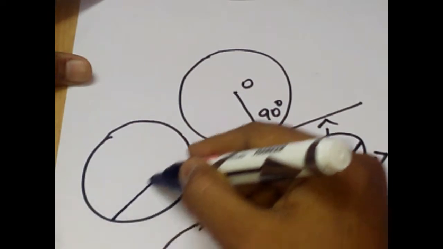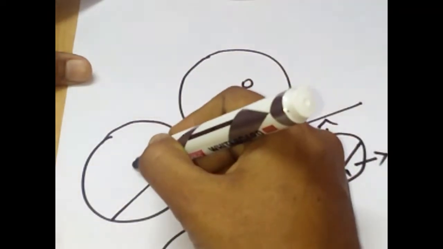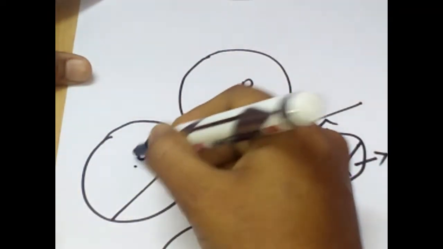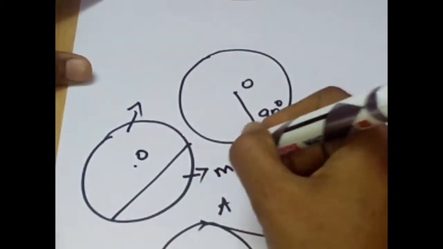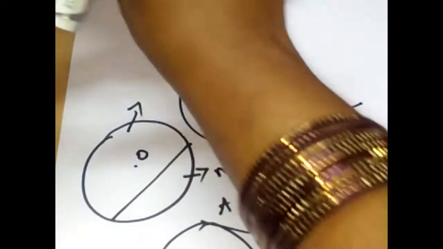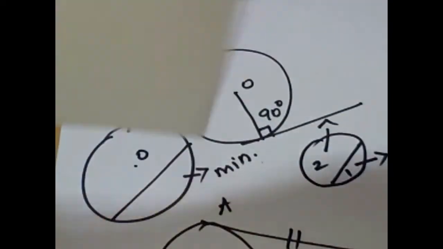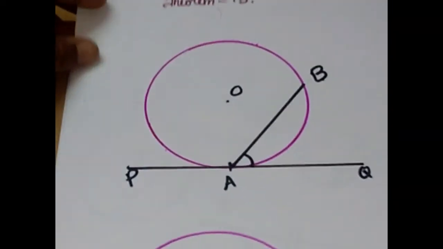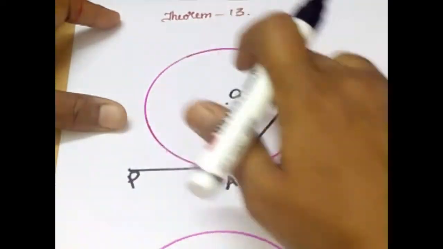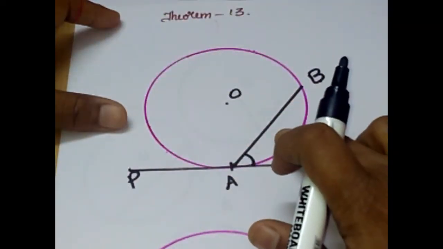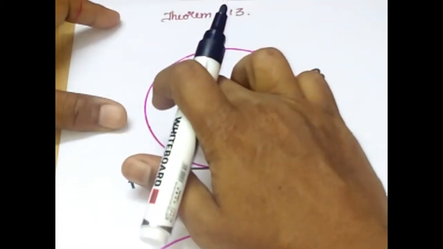If a chord is drawn, the portion where the center of the circle lies is the major segment, and the other part is the minor segment. Keeping this in mind, here if AB is drawn, we also have two segments. This is the minor segment, this is the major segment.